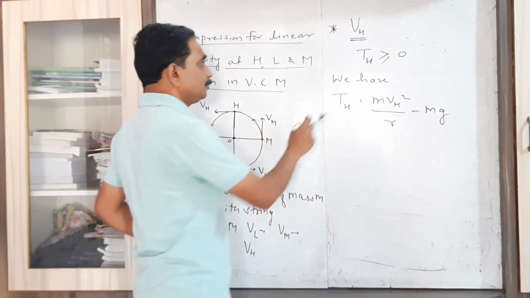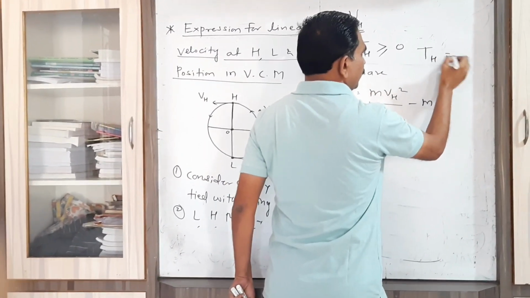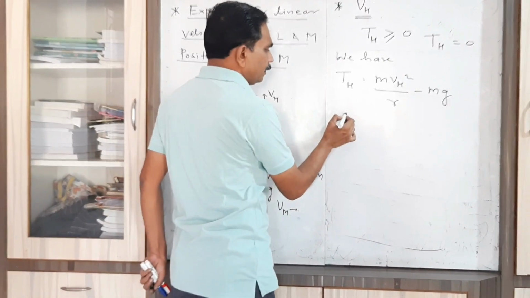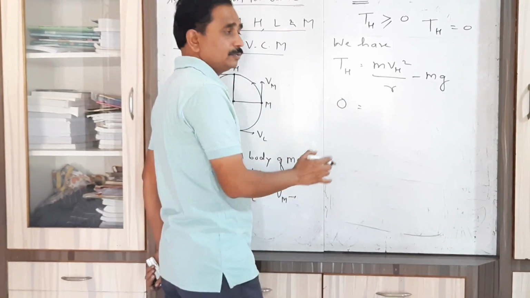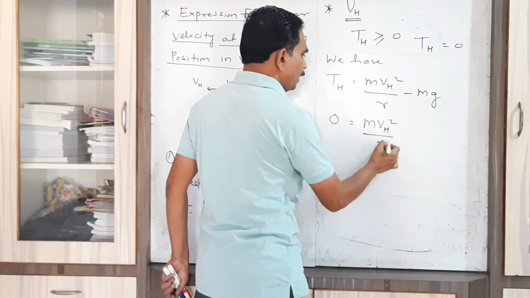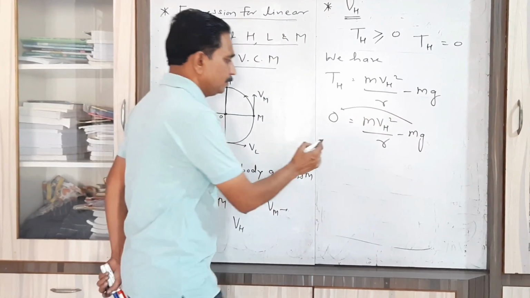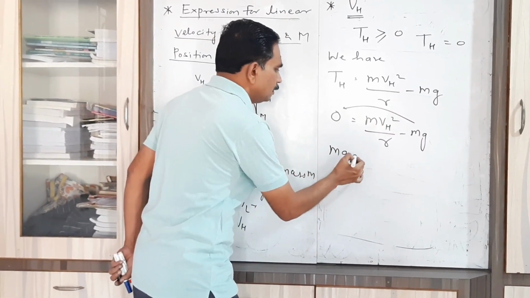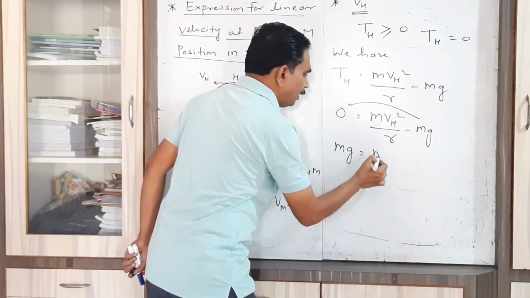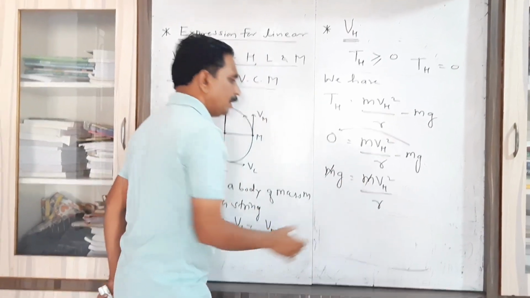Just put this condition. Consider here the tension at the highest position is equal to 0. Then I write here m Vh square by r minus mg equal to 0. Transfer this term. So we have mg equal to m Vh square by r. Just cancel that m.